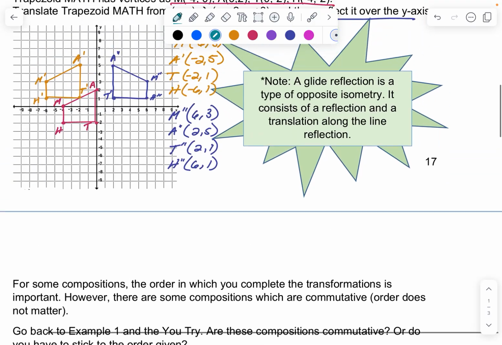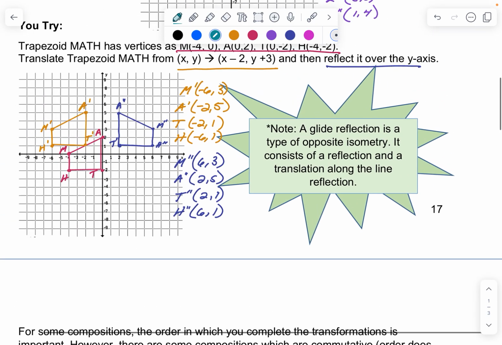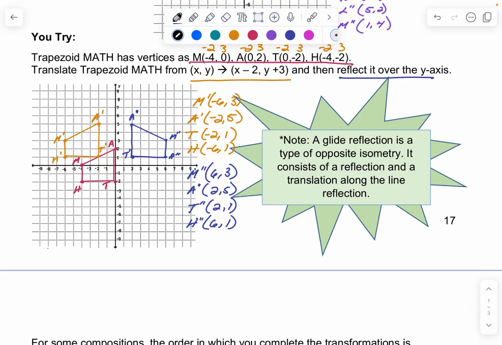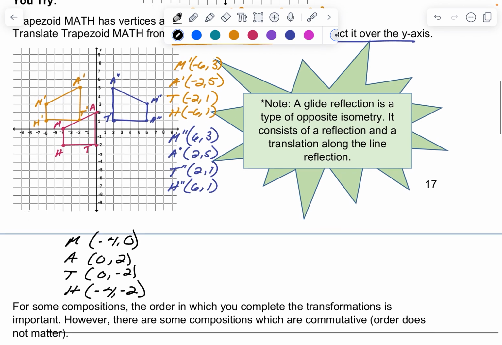Let's just do this one algebraically right here. So initially we have M (-4, 0), A (0, 2), T (0, -2), and H (-4, -2). So first, we're going to reflect over the y-axis.